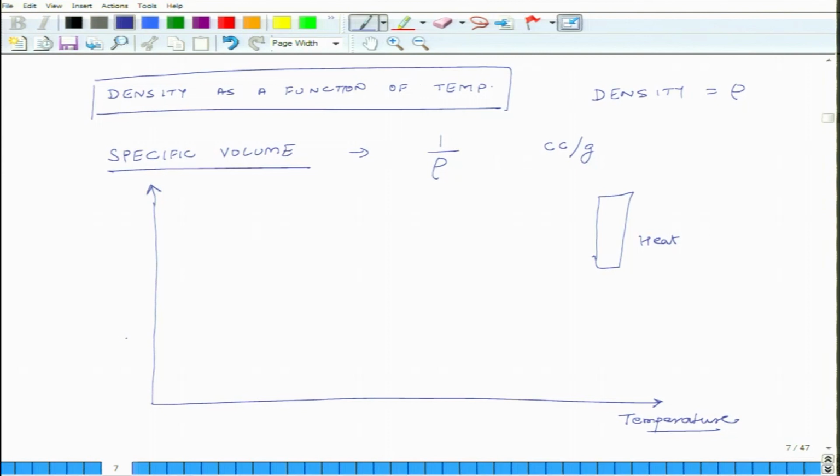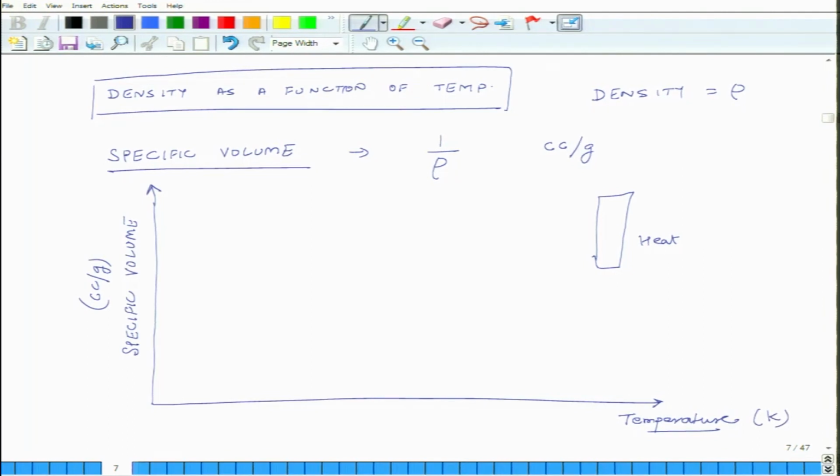So on the y axis we will plot specific volume, in cubic centimeters per gram, and on the x axis I am going to plot temperature, in Kelvin. We do not write degree Kelvin, we just write Kelvin.